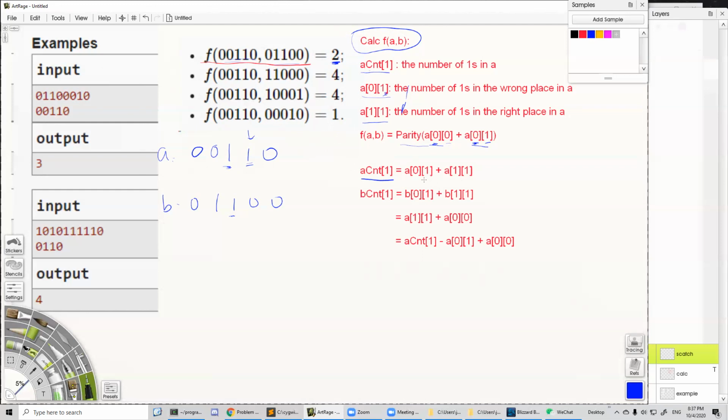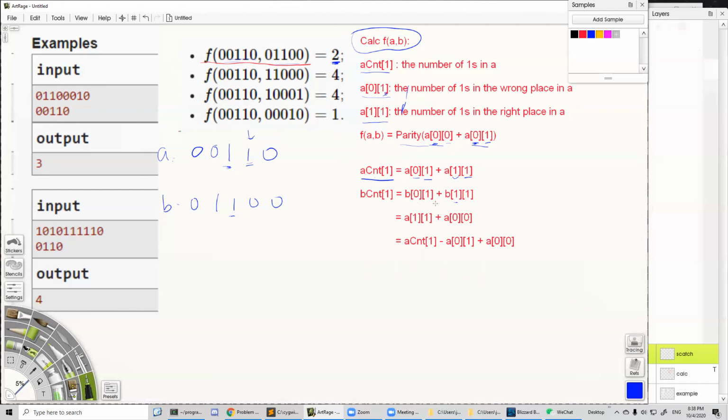That means the ones in the wrong place and the ones in the right place. So we add them together to get the number of ones. And also for B count 1, right? The number of ones in B equals the ones at the wrong place added to the ones in the right place, right?